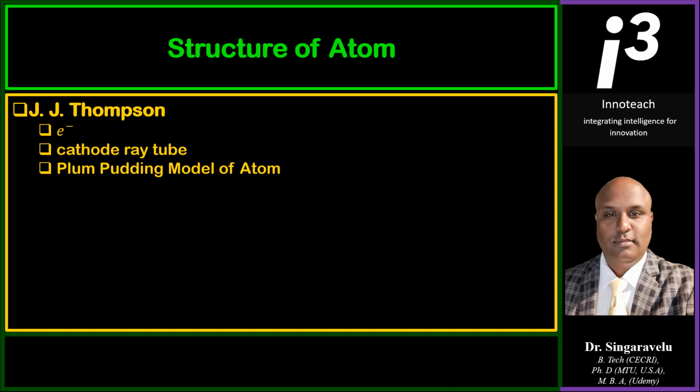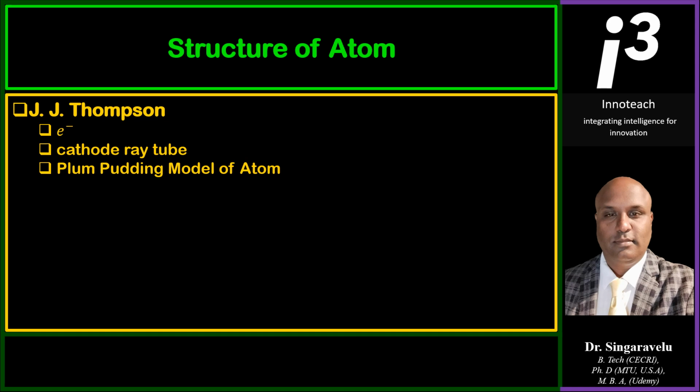The cathode rays emanating from the cathode surface traveled past the perforated anode and hit the surface of the vacuum tube, which was coated with a fluorescent material. These rays were identified as negatively charged by performing various control experiments like applying a magnetic field and an electric field perpendicular to each other.